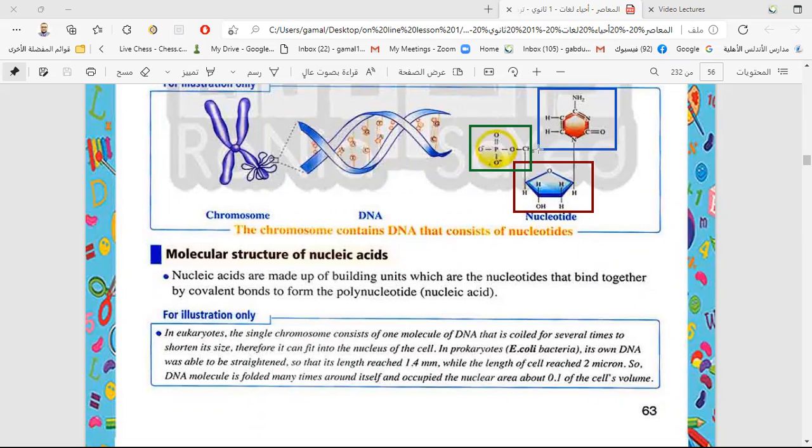The nitrogenous base is connected to carbon atom number 1 of the pentose sugar. So we have 3 main components in the nucleotide. We have pentose sugar, سكر خماسي. We have the phosphate group connected by a covalent bond to carbon atom number 5, and we have the nitrogenous base connected to carbon atom number 1 also by a covalent bond.